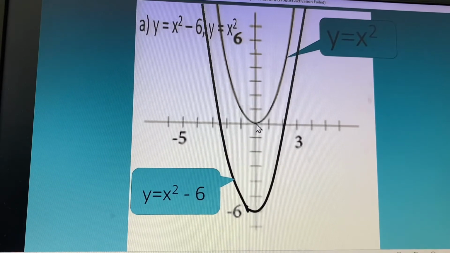From the origin, 1, 2, 3, 4, 5, 6. You can easily determine this by simply looking at k. The value of k is negative 6, so the graph is shifted 6 units downward.